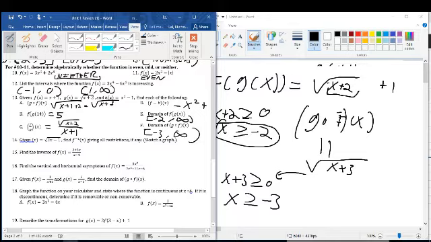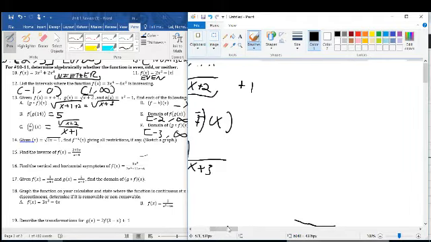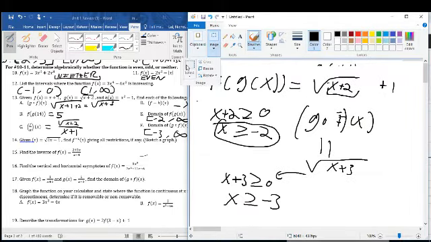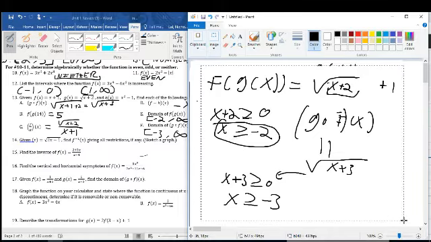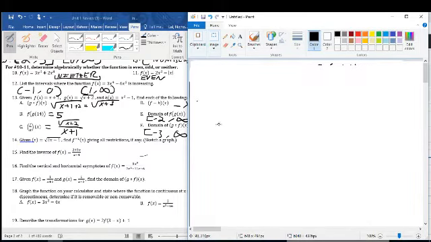Find the inverse of f of x. So in this case, given f of x equals square root of 2x, find the inverse of the function, giving any restrictions and sketching the graph.